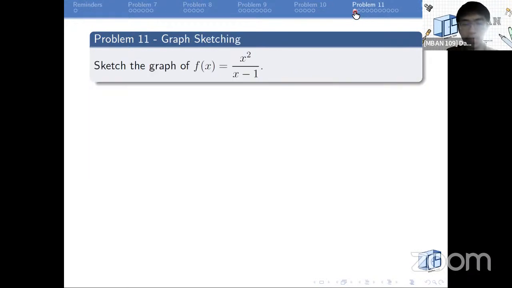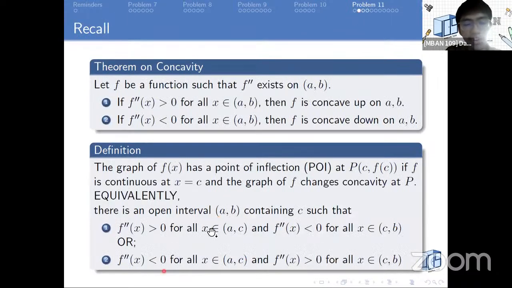So, dun tayo sa problem 11, graph sketching. Sketch the graph of f of x equals x squared over x minus 1. Okay, next. So, recall lang natin yung theorem on concavity. Let f be a function such that f double prime of x exists on open interval AB.